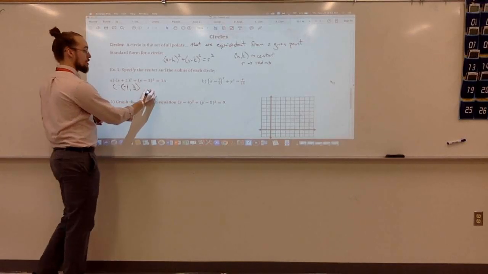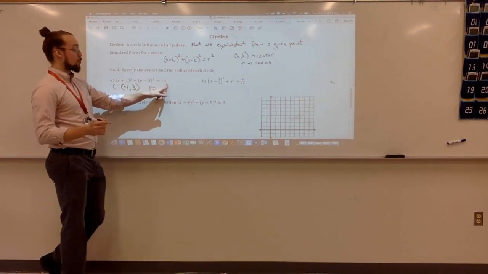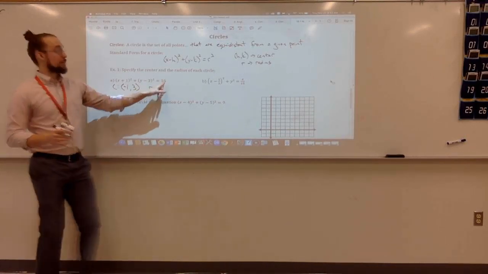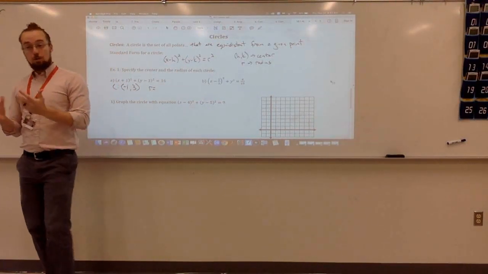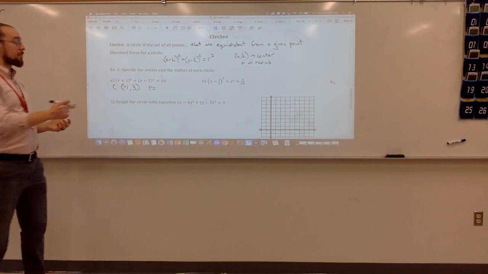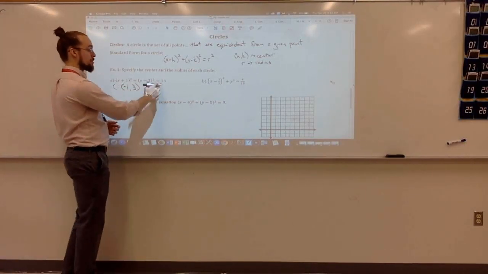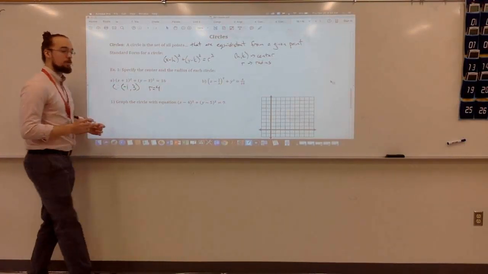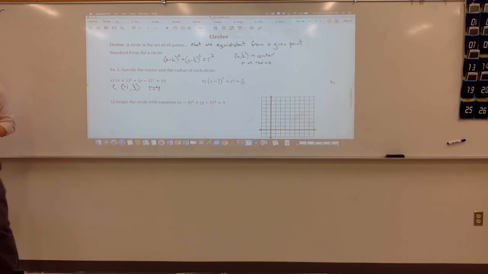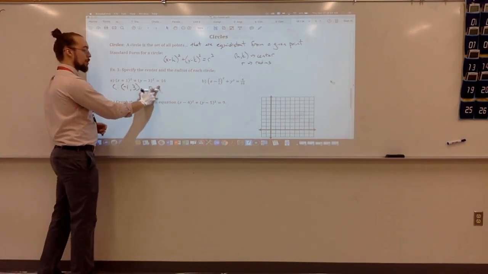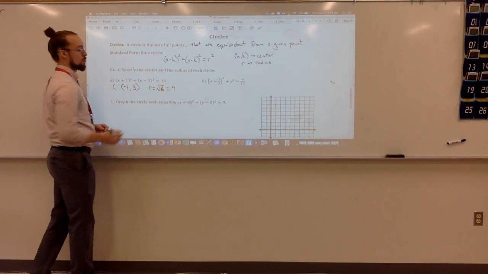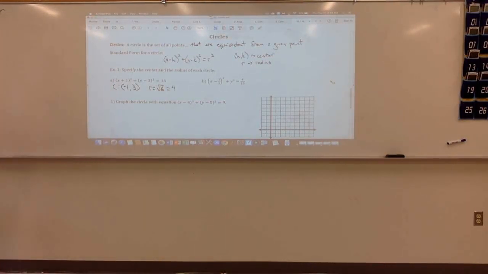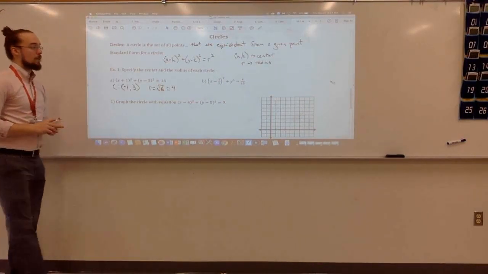And then the radius is going to be the square root of this number, because in our standard form, this is equal to r squared. So to get the actual radius, we need to take the square root of this number, which would be 4. I'll write it as the square root of 16, which equals 4. Remember that we're taking the square root of whatever this value is.